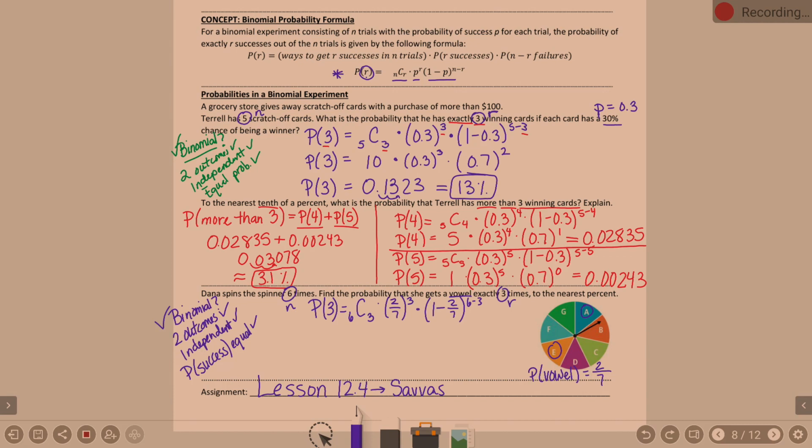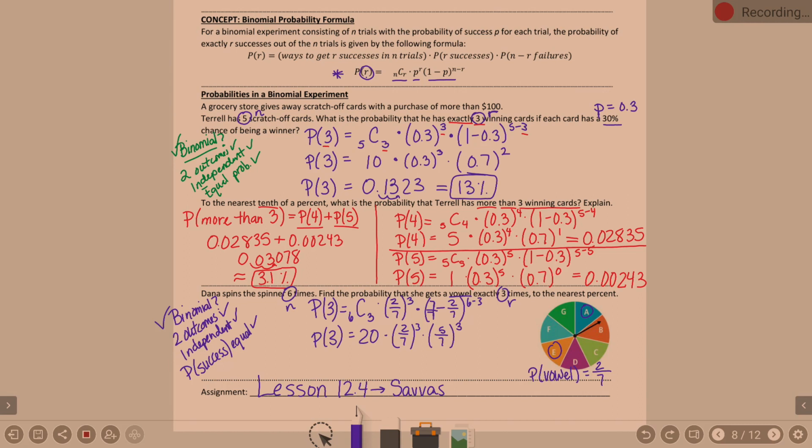I can clean this up a little bit. 6C3, combination of 6 things, picked 3 at a time, is 20. 2/7 to the third, I'm going to leave. 1 minus 2/7. Well, folks, remember 1 as a fraction is 7/7. 7/7 minus 2/7 is 5/7. So 5/7 to the 6 minus 3, which is the third.